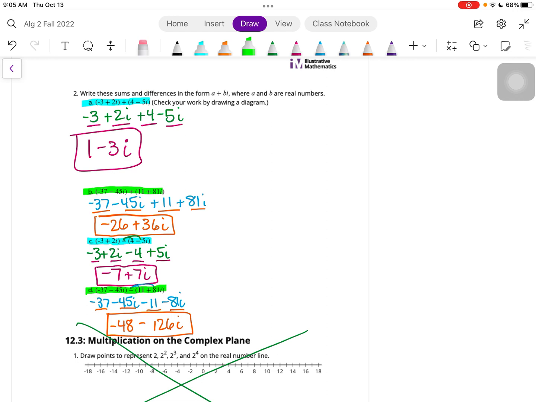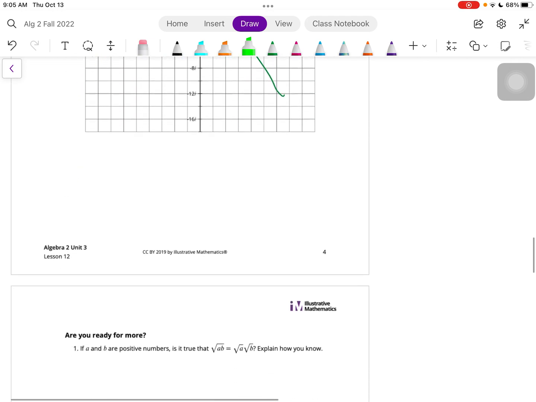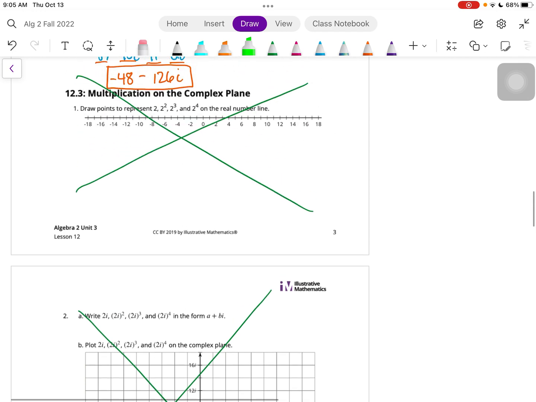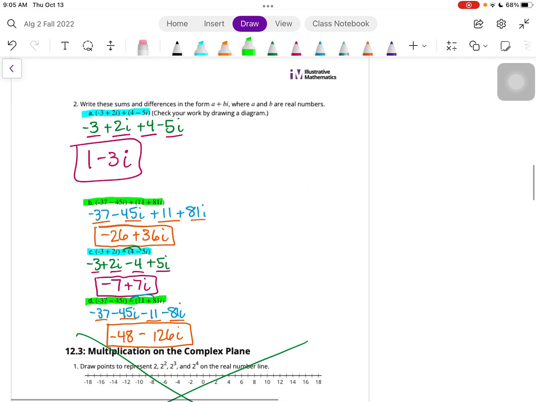All right. And I think that was everything for this lesson. There is some practice, and you can see where we combined like terms. We just treated the i's kind of like variables. Again, they're not variables. They represent numbers. But when you're using them in sums and differences, you can treat them like variables.